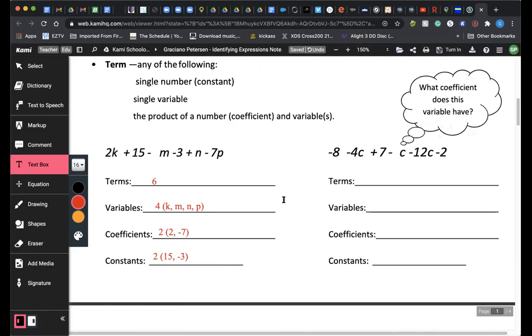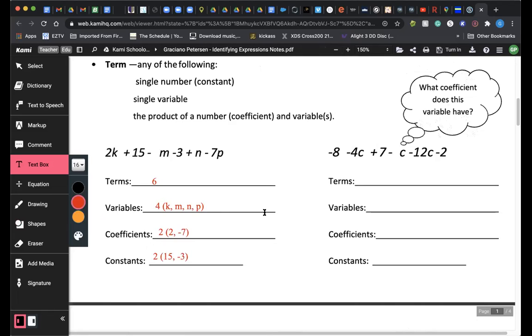So I just want you to be able to identify what a term is, your variables, your coefficients, and your constants. These definitions are very helpful because you are occasionally asked very simple questions on the GED, like, what coefficient is in front of this? If you don't know what the word coefficient means, you will miss an easy question. You have to do no math. This is a definition question.